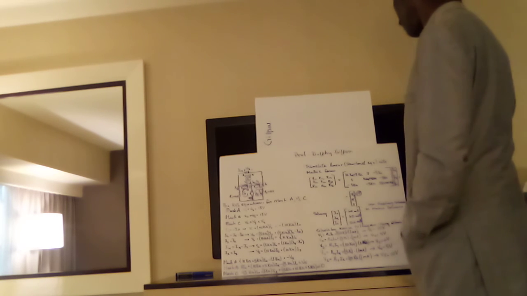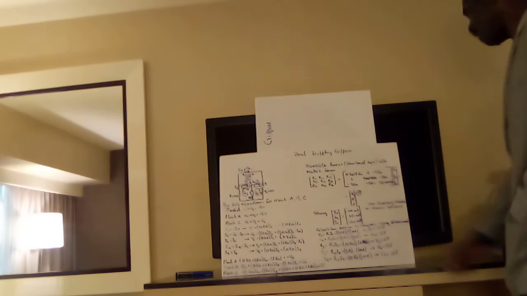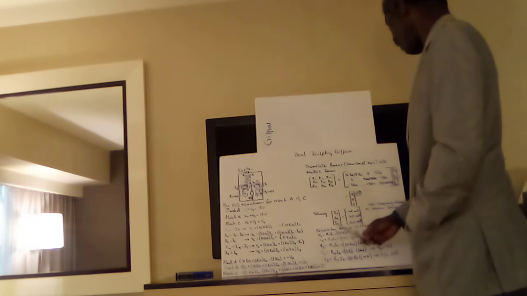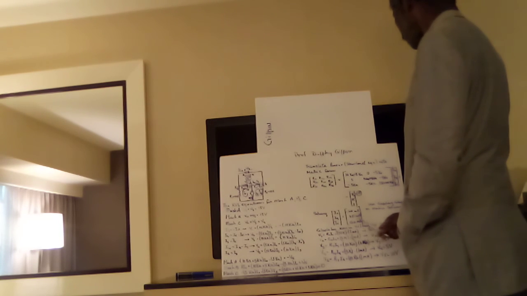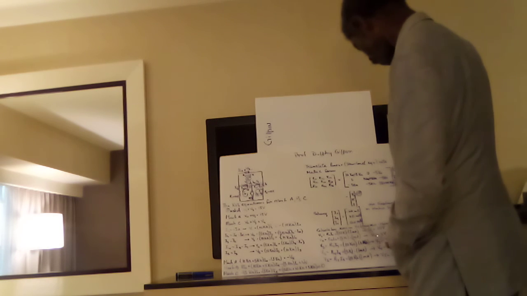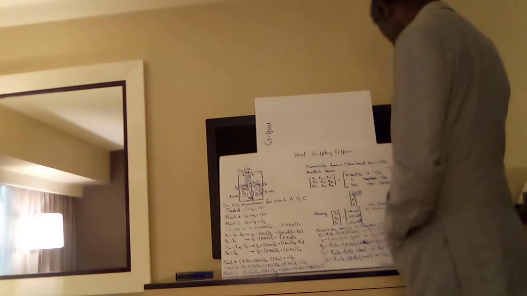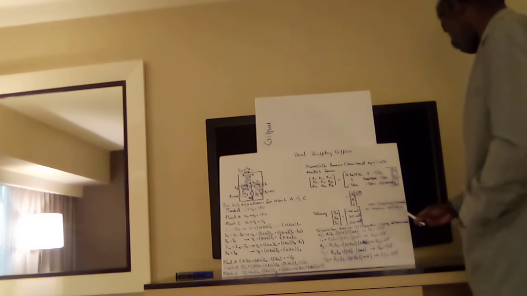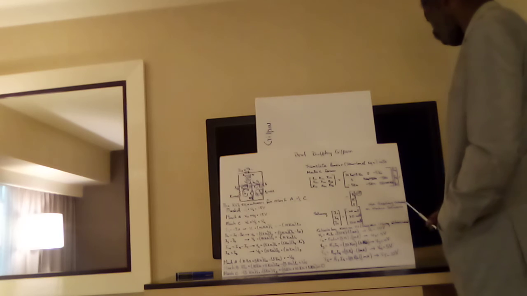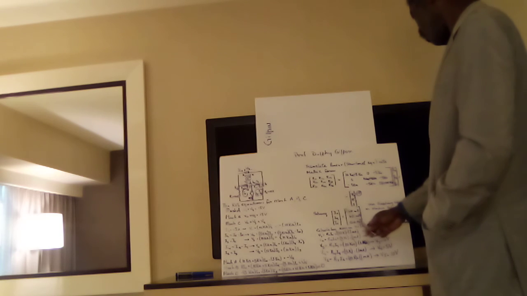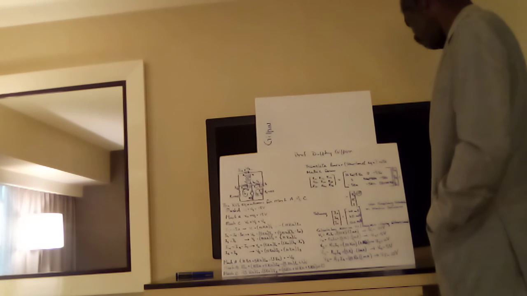Now if we solve, we would find that IA, IB, and IC are equal to minus 1.0 milliamps, 1.0 milliamps, and 0.0 milliamps. And we could also use a graphing calculator or matrix software to solve for these IA, IB, and IC.